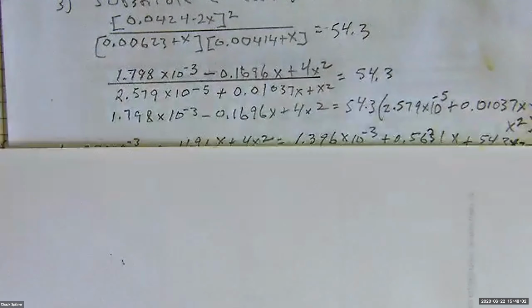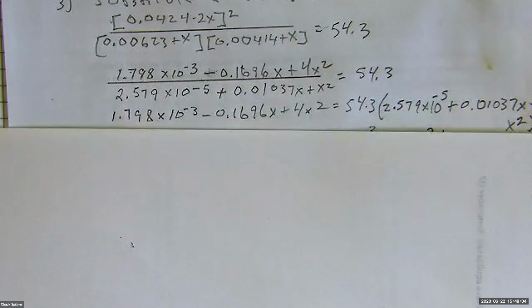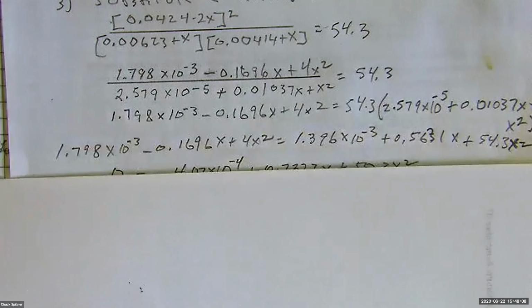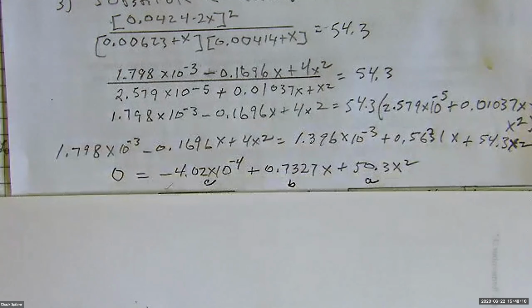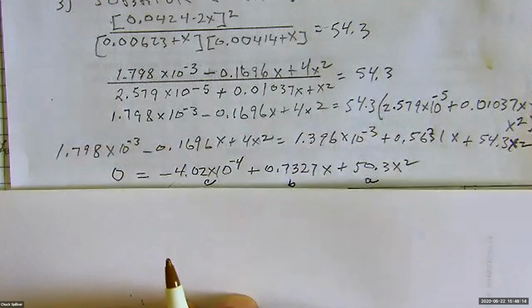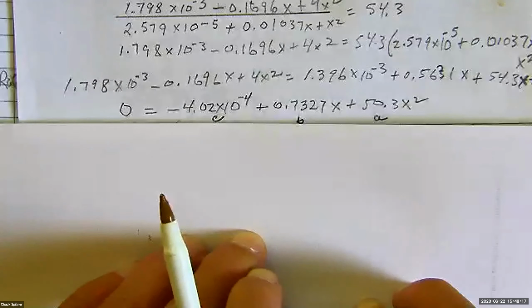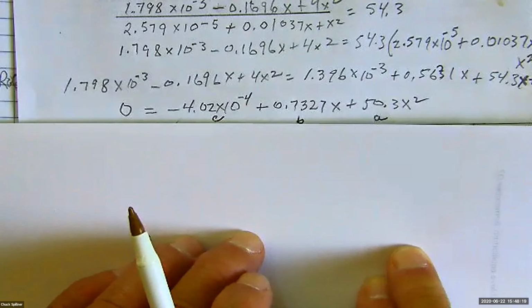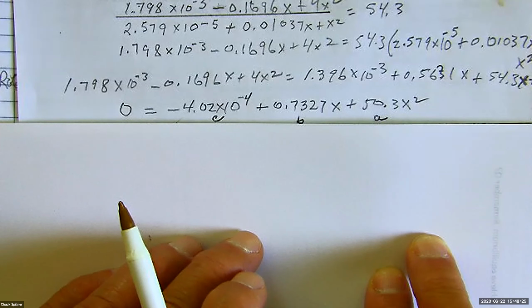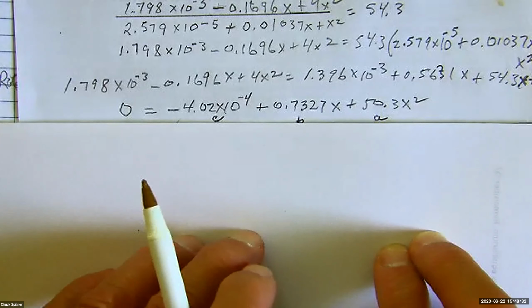A couple of steps here, I'm not going to go through them, but we'll finally end up with 0 equals minus 4.02 times 10 to the minus 4 plus 0.7327x plus 50.3x squared.